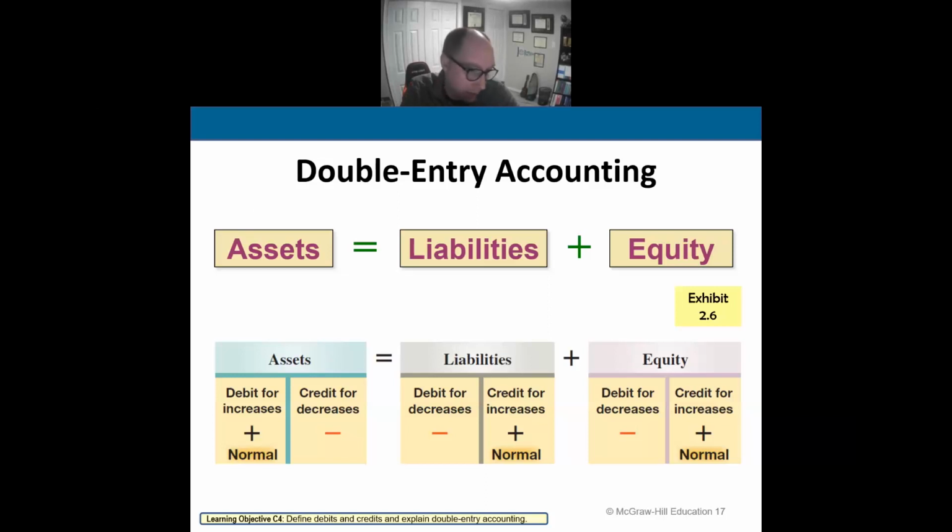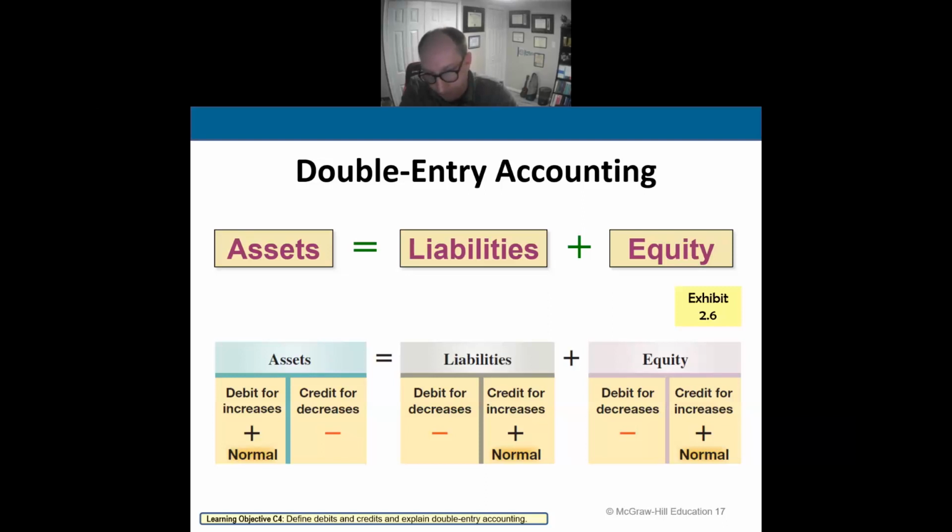So here's how it looks on the accounting equation. Assets equals liabilities plus equity. To increase our asset account, we debit. To decrease an asset account, we credit. For liabilities, it's the opposite. For equity, it's the opposite. Liabilities and equity are on the other side of the equal sign. To increase a liability, we credit it.